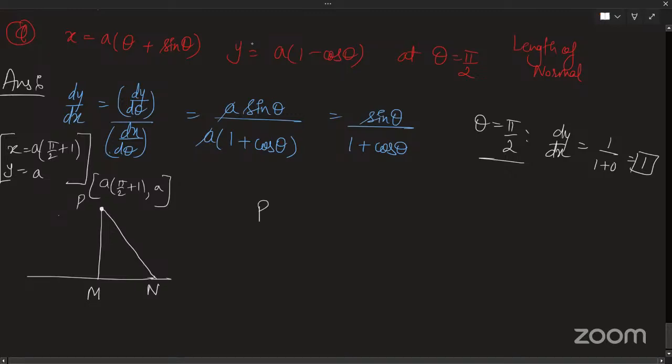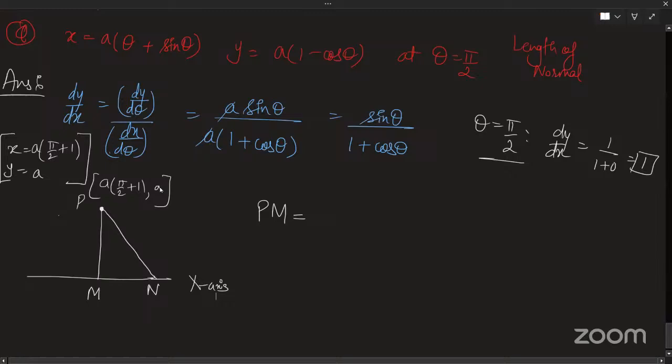Can you tell me what is my PM? How much is my PM? Anyone? See, this is my x-axis, okay? So how much is the distance between my x-axis and this point? I actually don't need to calculate that.